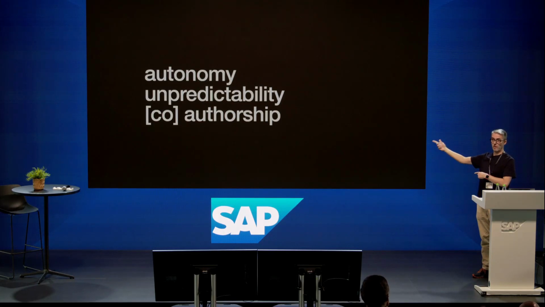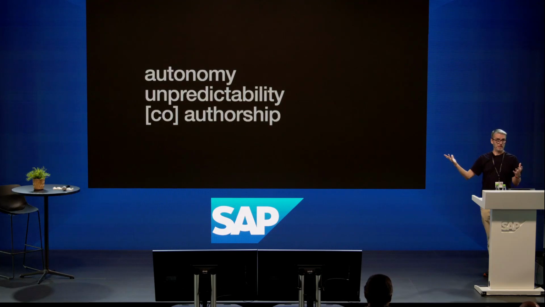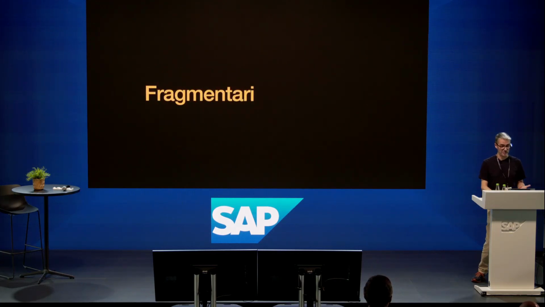So it is co-author or co-artist as well, right? The computer is autonomous, creating the artwork, and there is unpredictability, each time that you see or you execute that artwork it is different. And that's very interesting.